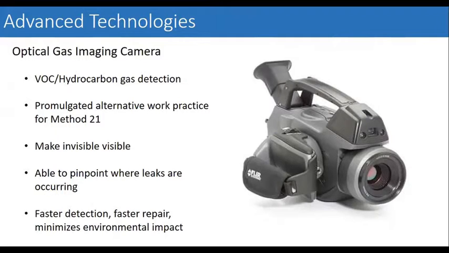I was speaking with a company about their use of OGI in their process, and they told me an anecdotal story about how they were doing their LDAR monitoring, doing reference method 21, and saw that there was a component that was leaking and needed to be fixed. So I believe there were several components in the same general area. So they fixed the component that they thought was leaking, checked it again, method 21 still said it was leaking.